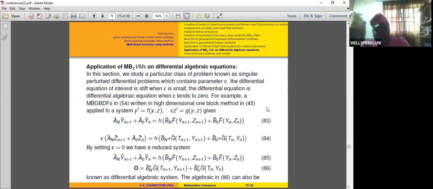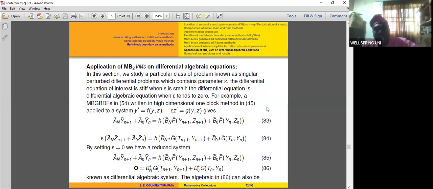We have, for example, a multi-block generalized BDF in 54 written in I dimension as given in equation 45. We now apply it on a differential algebraic equation, which is y prime, and we have epsilon of z prime given in equations 83 and 84. When we set the epsilon to 0, it will reduce the system to 85 and 86.